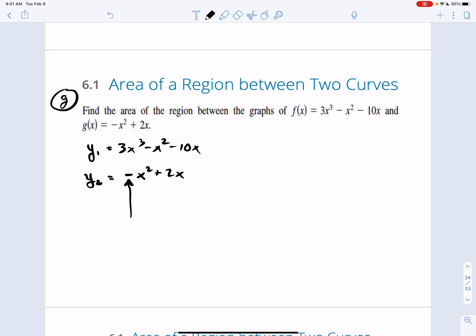Anytime a function starts off with a negative, you want to use the negative symbol, which is right below the 3, right next to the enter button. Don't use a minus, otherwise you're going to get a prompt that says syntax error, okay? So make sure you use negative x squared plus 2x. Other than that, I don't see anything that can go wrong.